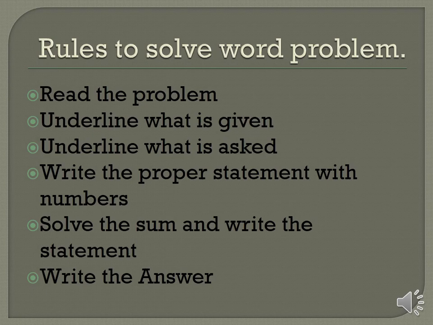In the last line we will mostly have the keywords to understand whether it is an addition problem or some other problem. So we have to underline that word so that we can add or subtract as the word problem is given. Fourth one is write proper statements with the numbers.